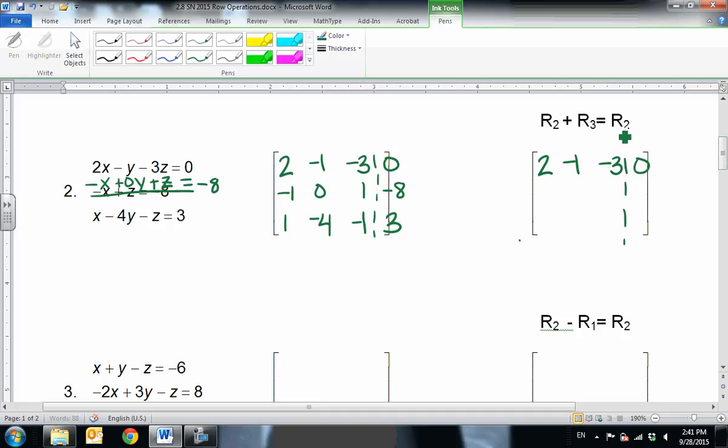All right, row 2 is going to become the sum of row 2 and row 3. So -1 plus 1 gives me 0. 0 plus -4 is -4. -1 plus -1 is 0. And -8 plus 3 is -5. Does anything change about row 3?